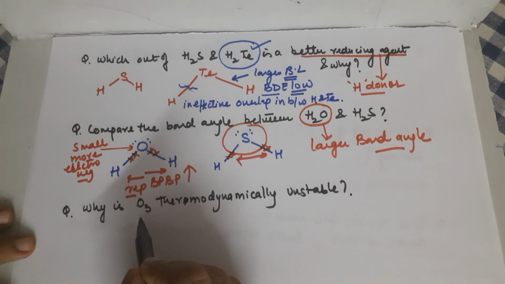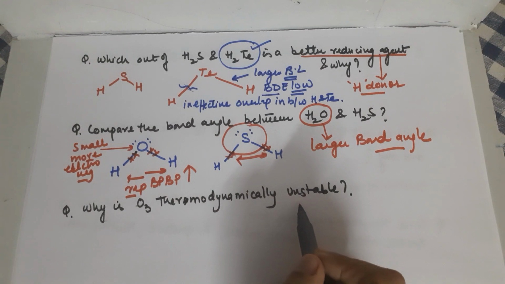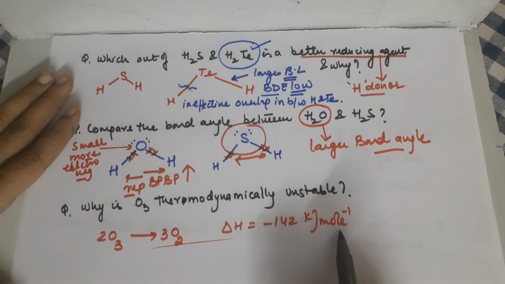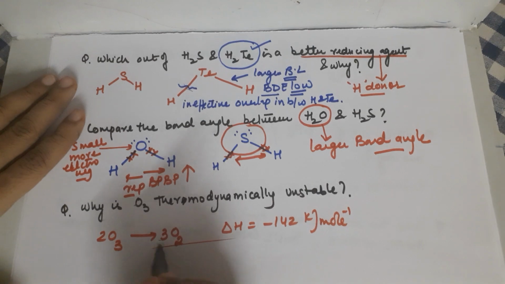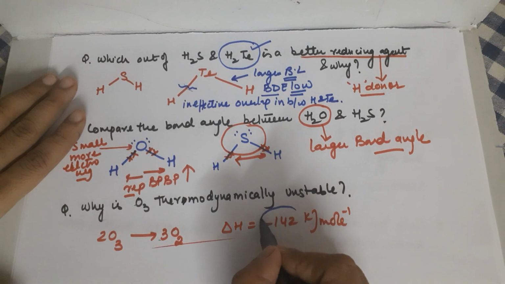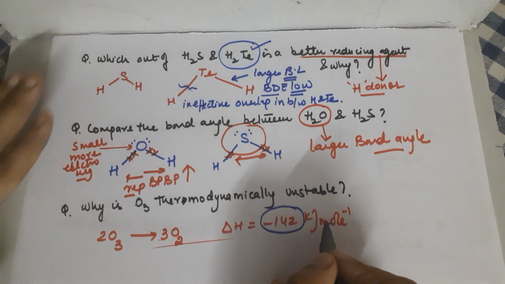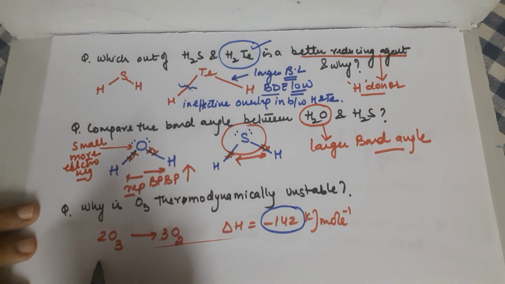Why is ozone, the allotrope of oxygen, thermodynamically unstable? Now, to answer this particular question, you need to know this particular data. Ozone molecule easily decomposes into oxygen, and the reason is delta H is a negative value, which means energy is released when ozone changes to oxygen, which means oxygen is more stable than ozone.